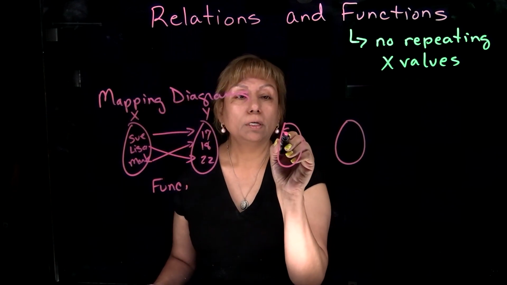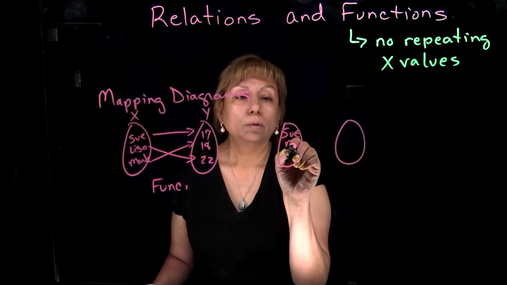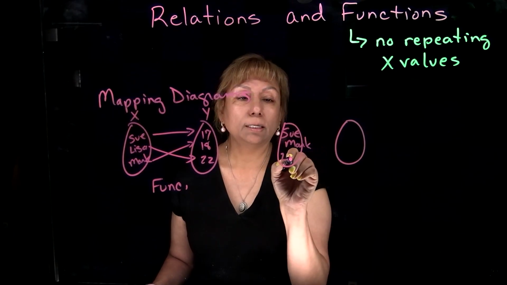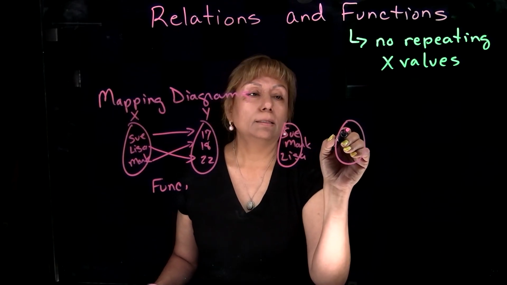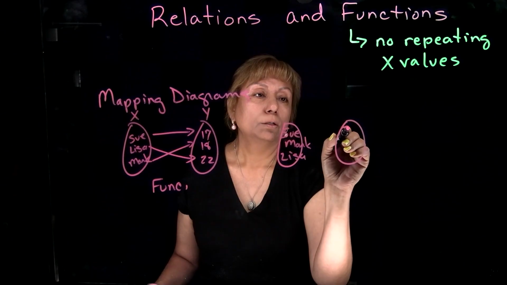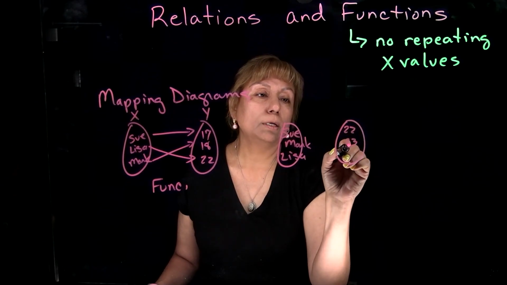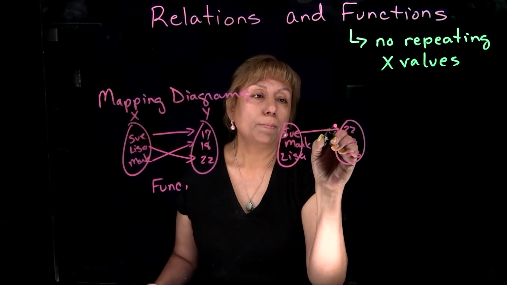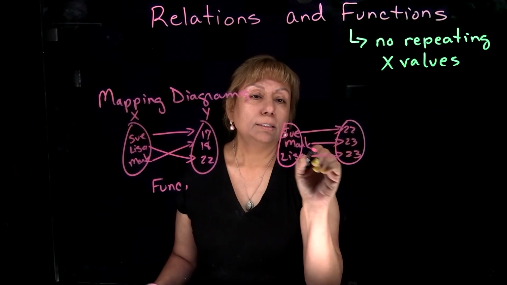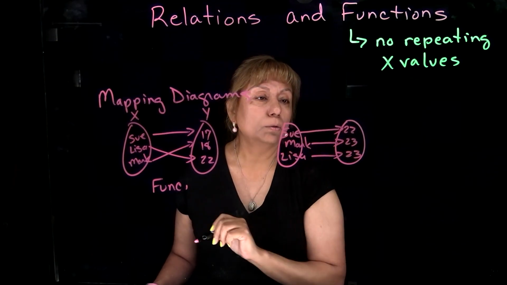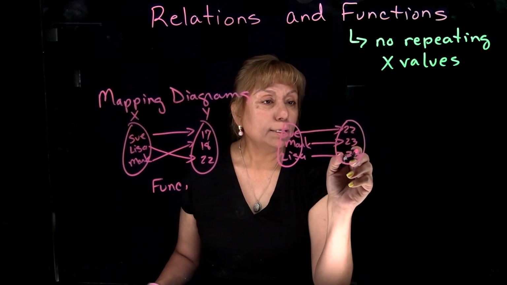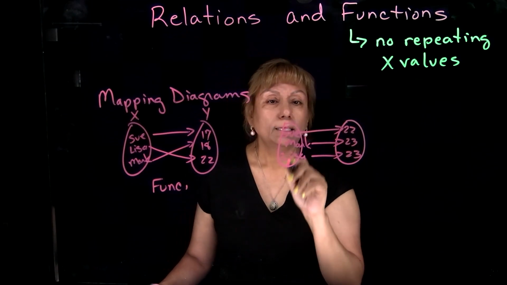But if I put it in order and I said Sue, Mark, Lisa, and I had the ages 22, 23, 23, and I map this way, it's still none of the x's repeat going to the y's. Now the y's repeat, but that's okay. It's about the x's.